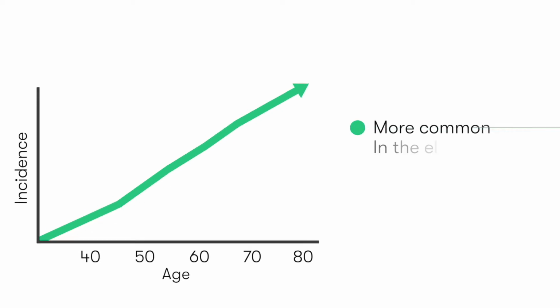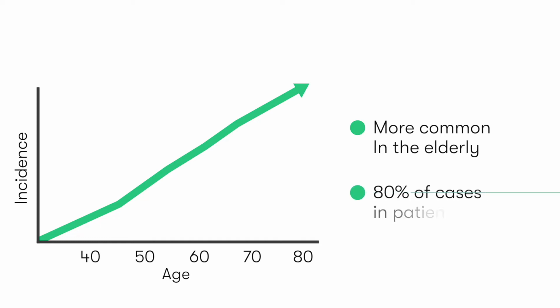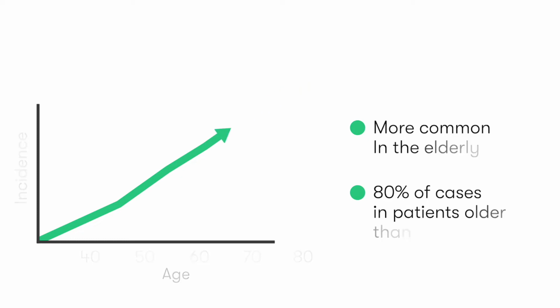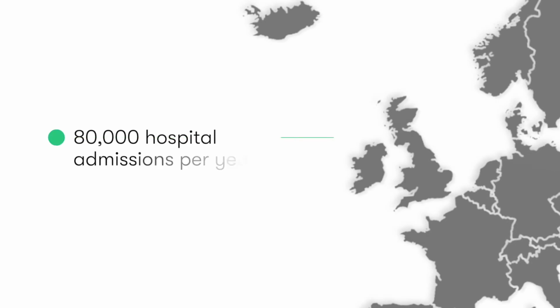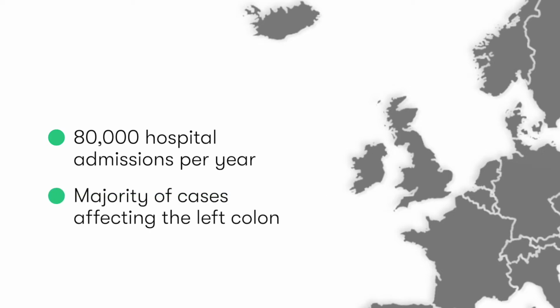Diverticular disease and diverticulitis are predominantly conditions which affect the older population, with 80% of cases occurring in patients who are older than 50. However, if we look at diverticulitis, in the UK alone, it's responsible for almost 80,000 hospital admissions every year, with the vast majority of these involving diverticulitis of the left-sided colon.